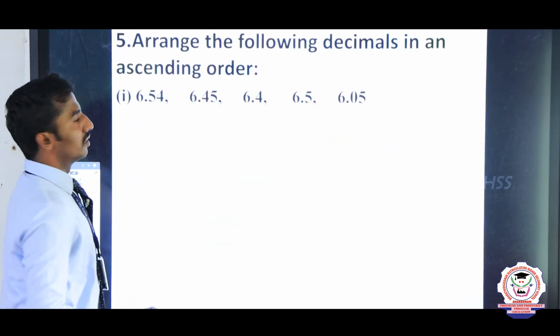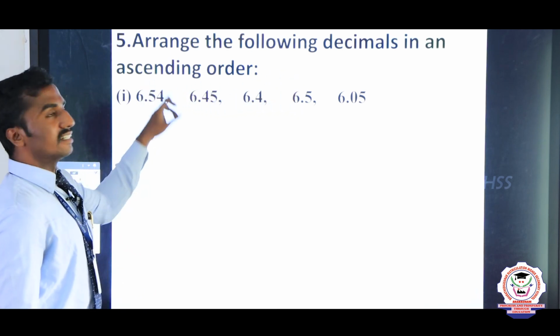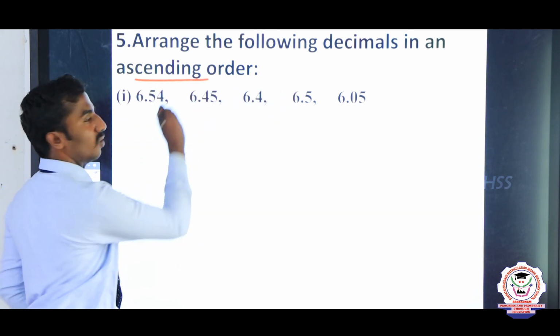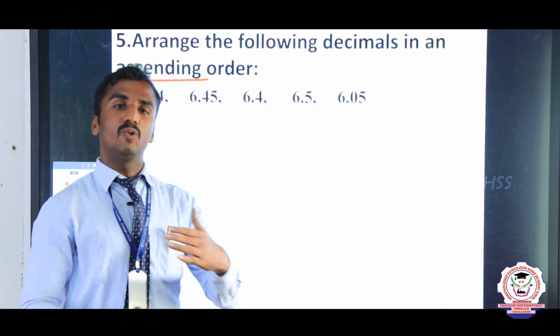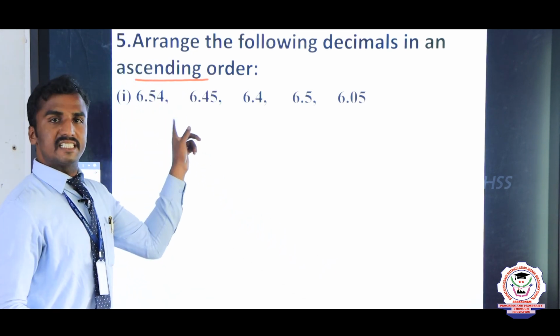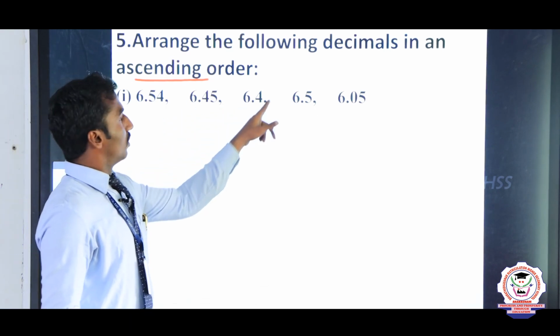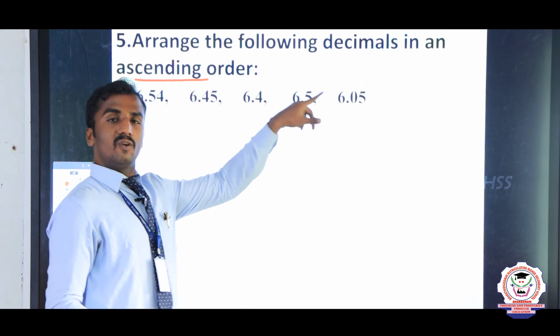Okay. Next one, arrange the following decimals in ascending order. Ascending order means smallest value to largest value. Given values 6.54, 6.45, 6.4, 6.5, 6.05.